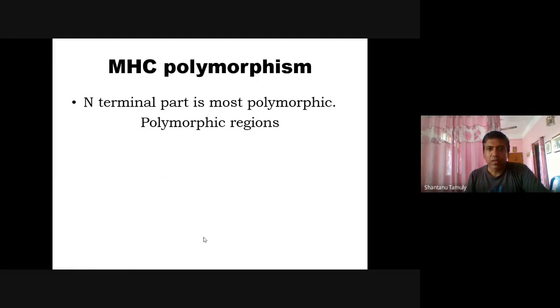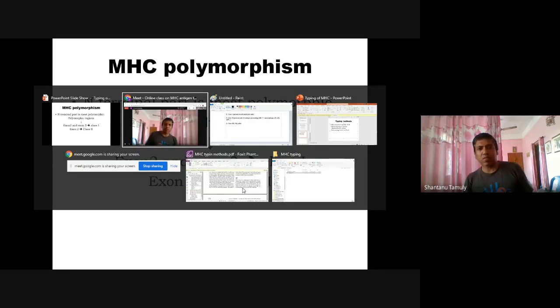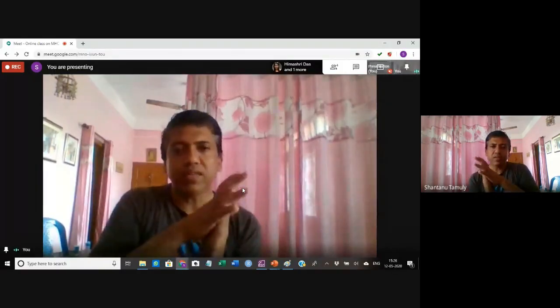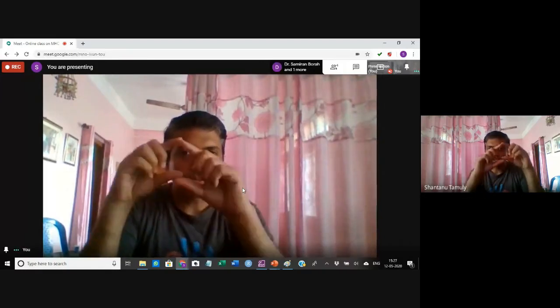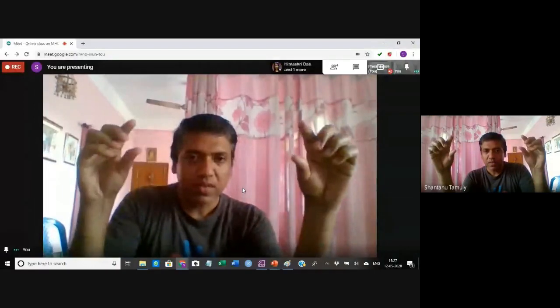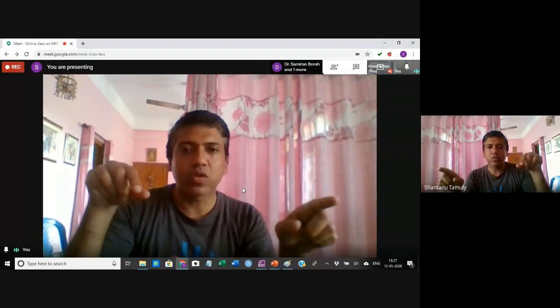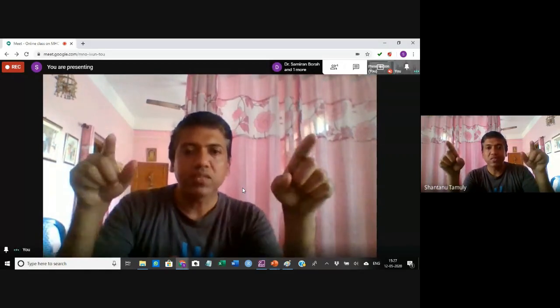Then the most polymorphic regions in class 1 and class 2 are the exon 2 and exon 3 in class 1 and exon 2 in case of class 2. We have discussed earlier that in case of prokaryotes, you have a gene, and the length of the final mRNA is equal to the length of the gene.